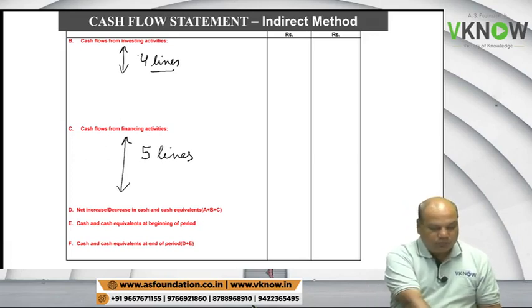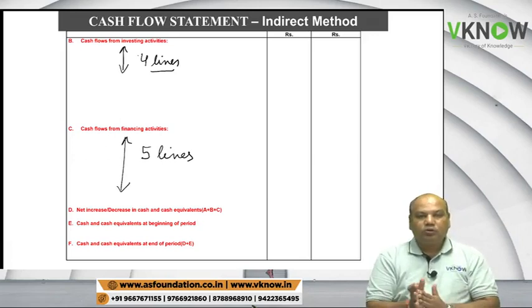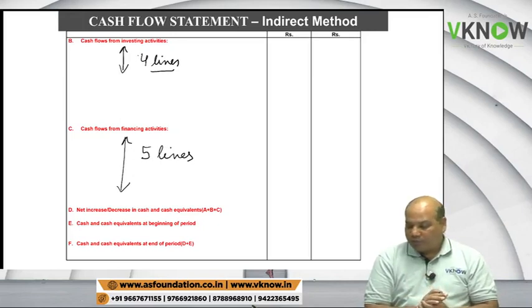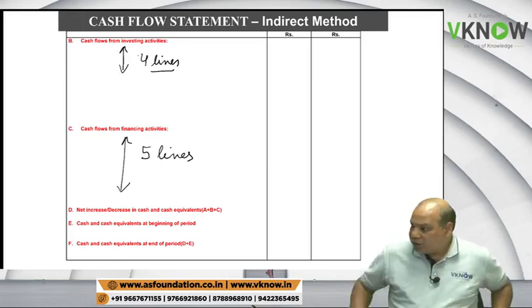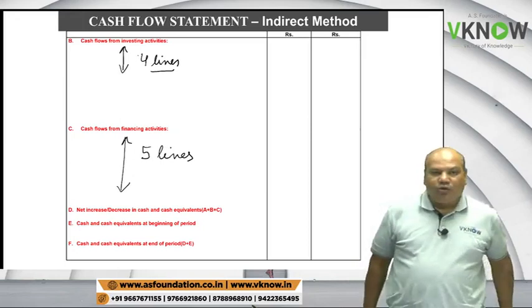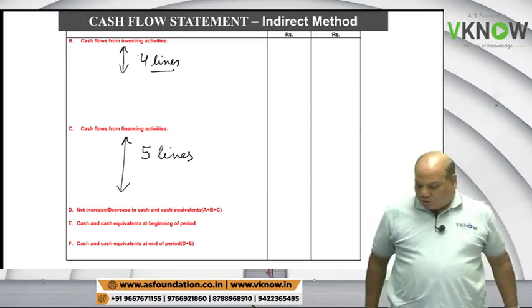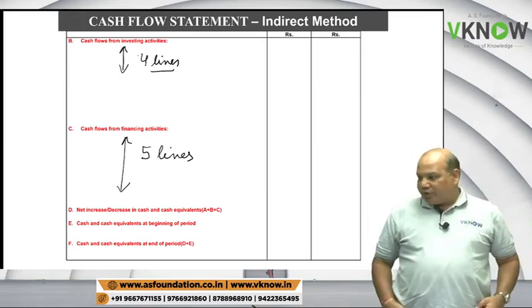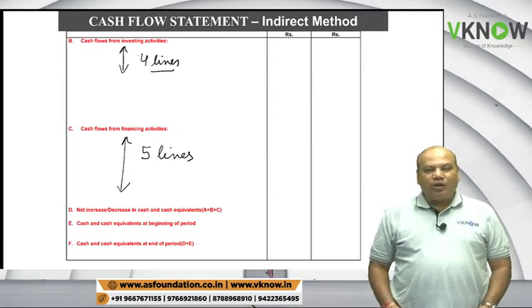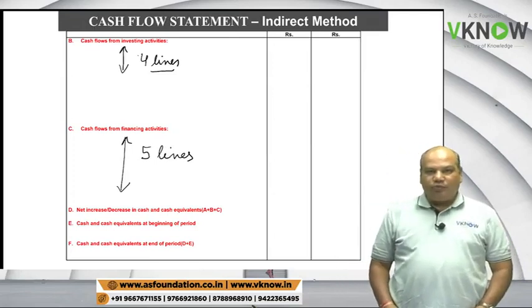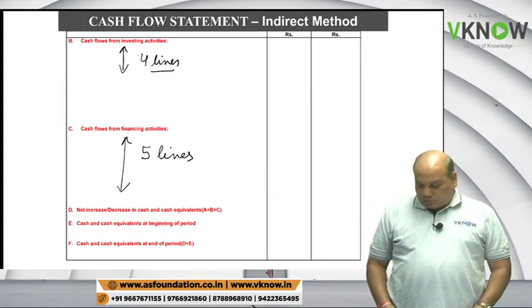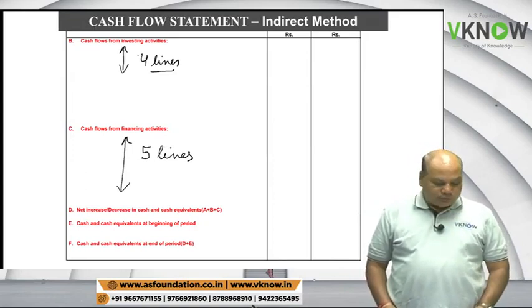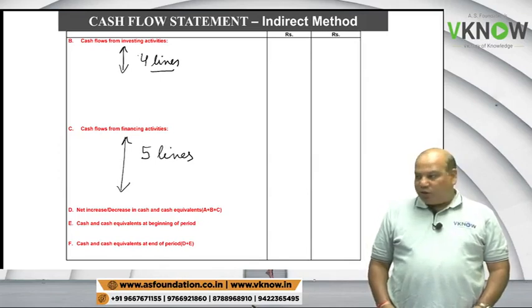Then write down quickly, everybody, point number D, net increase or decrease in cash and cash equivalent. One line blank. Point E, cash and cash equivalent at the beginning.